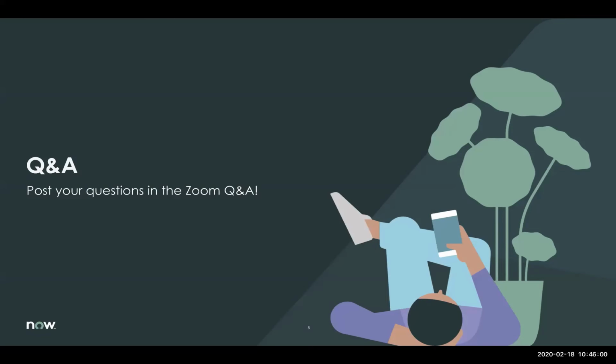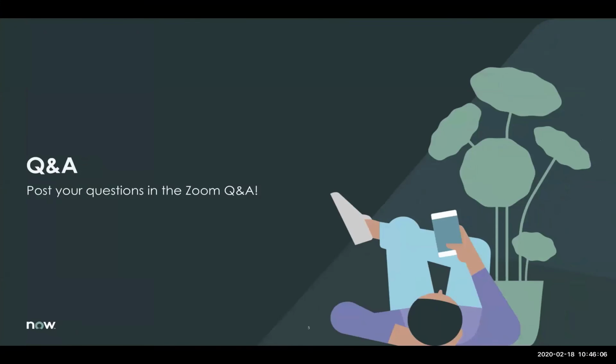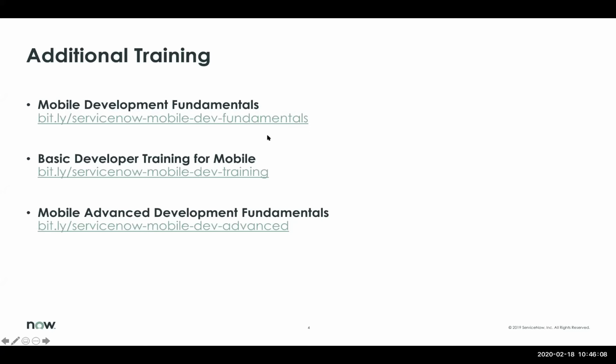Where do I start and whatnot? If the question is more pertaining to that, I think that some of these guides here from Mobile Development Fundamentals, Basic Developer Training, and Advanced Fundamentals, all of these will take you through building an app from scratch, from using out of the box to adding more things to out of the box and how to implement those.